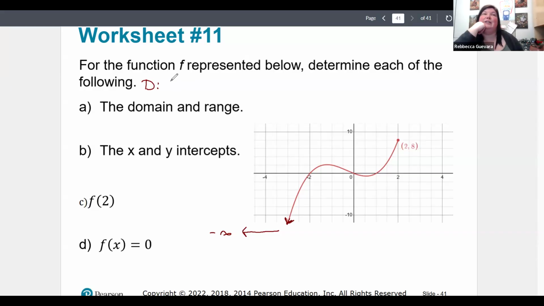So as interval notation, we'd say -infinity, and then my maximum x value appears to be this 2. So if we were to write this as an inequality, all we could say here is that all my x values have to be less than 2. So that's another way of writing that same domain.